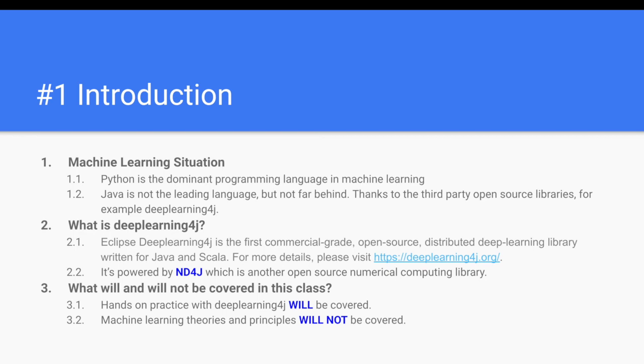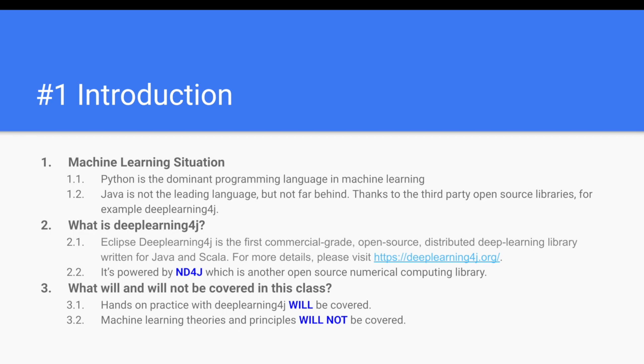So what is Deeplearning4J? You can go to the official website, https://deeplearning4j.org. It's the first commercial-grade open source distributed deep learning library for Java and Scala.